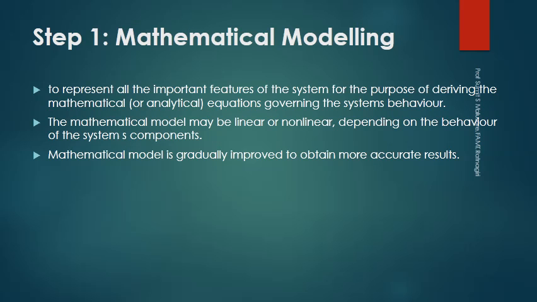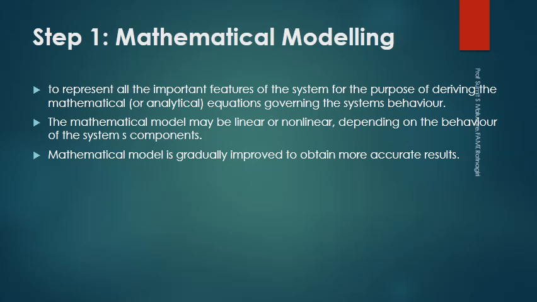Now what do you mean by mathematical modeling? Mathematical modeling means representing the actual engineering machine or any system, converting it in terms of a spring, mass and damper system for the purpose of analysis. It represents all the important features of the system for the purpose of deriving the mathematical equations for the system's behavior.